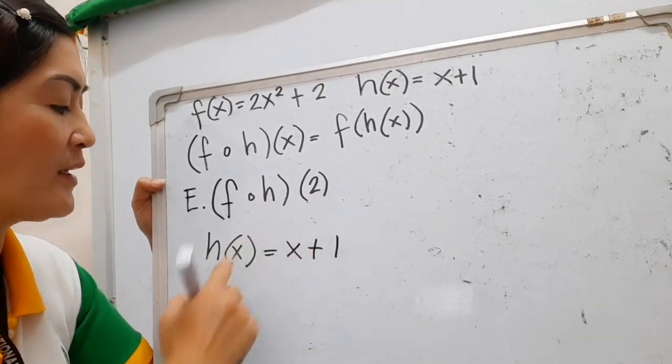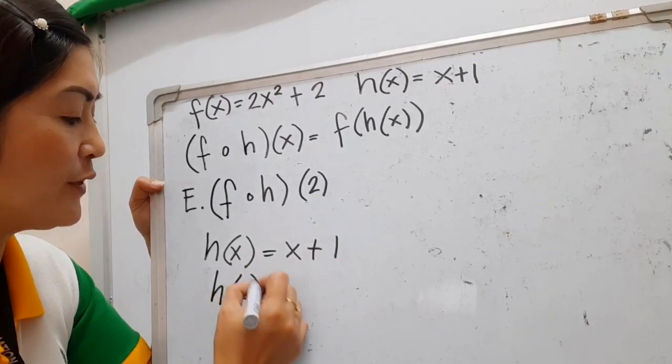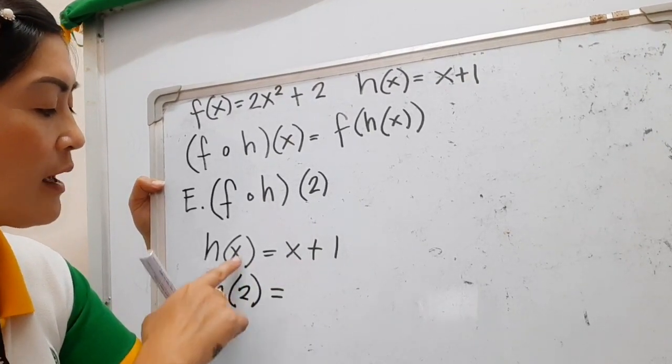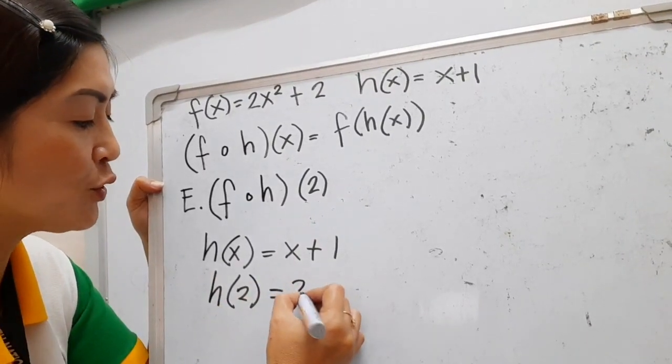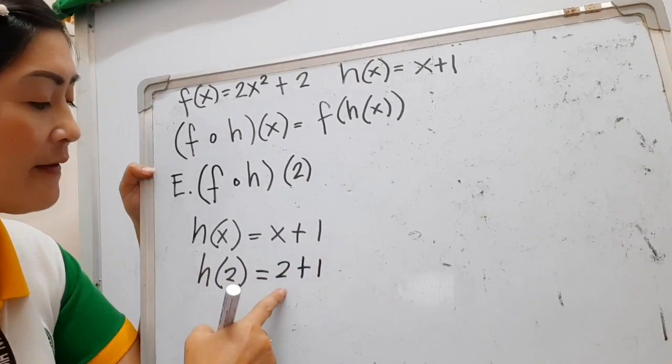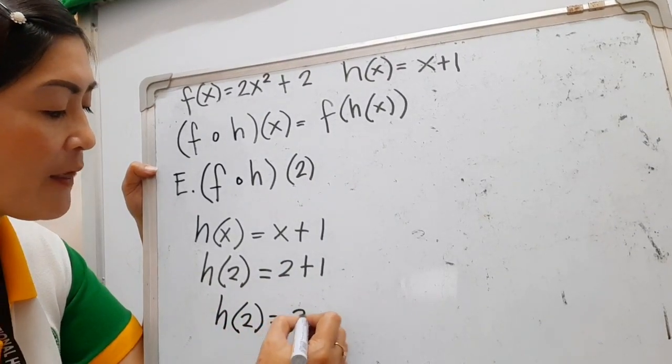So we need to find the value of h of 2. So h of 2 now, substitute x by 2. So our x here will become 2 plus 1. Then our h of 2 is equal to 3.